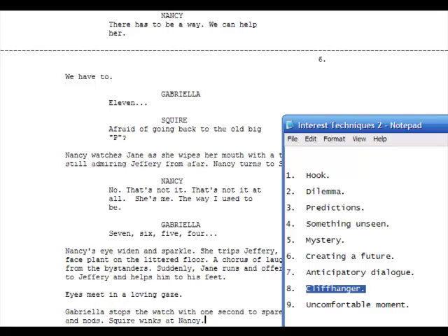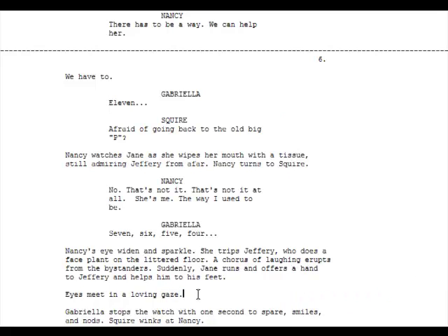What if we had this happen? And it got down, Gabriella's counting down 7, 6, 5, 4. Nancy trips Jeffrey, Gabriella 2, 1. Jeffrey's now hit the turf. Gabriella clicks, her time's up. She looks at both of them, she snaps her fingers, and Nancy and Squire disappear.